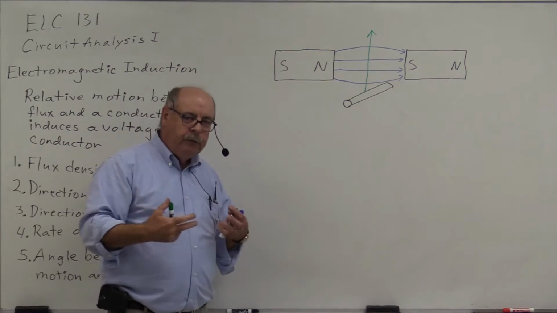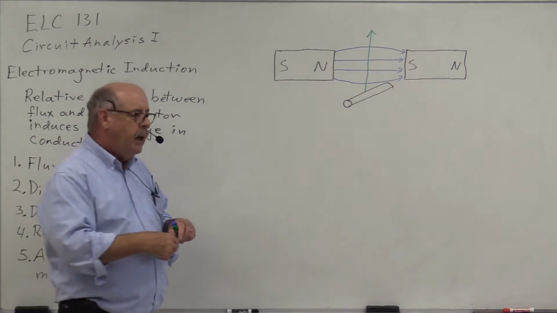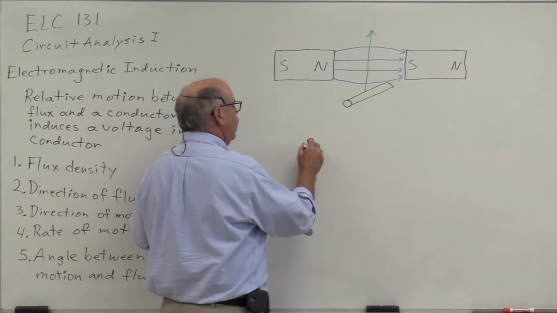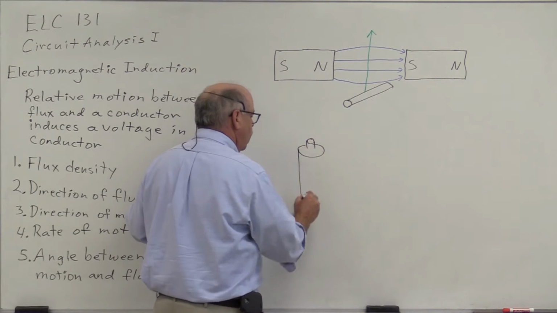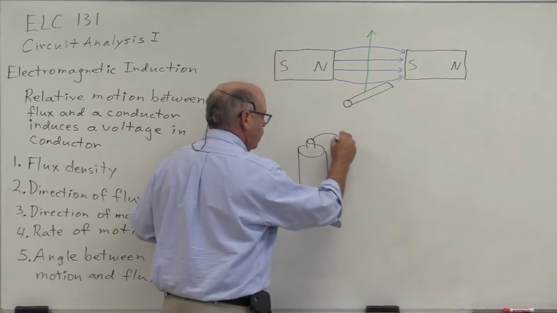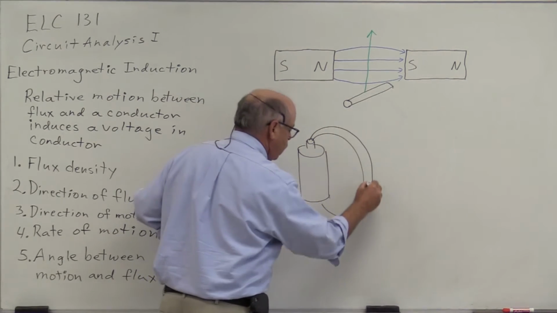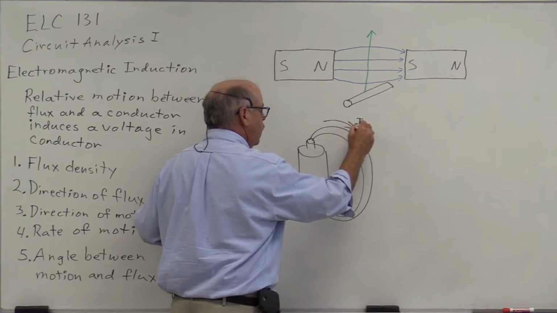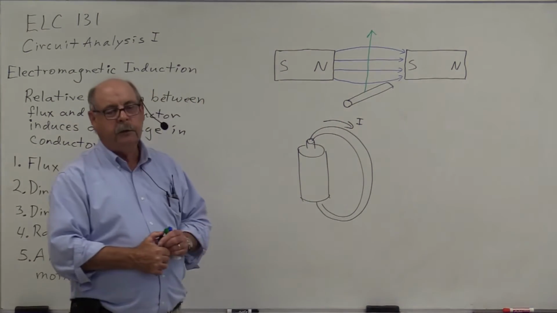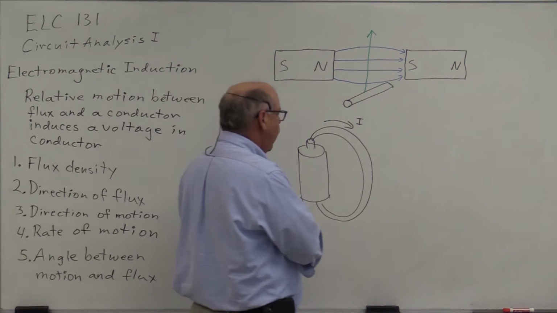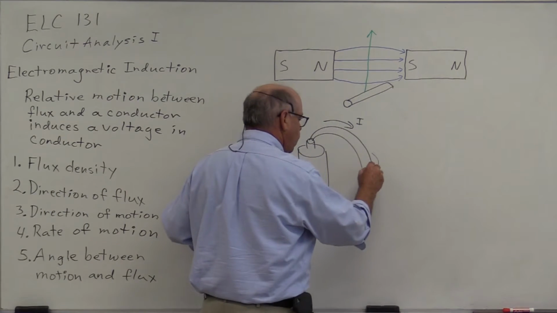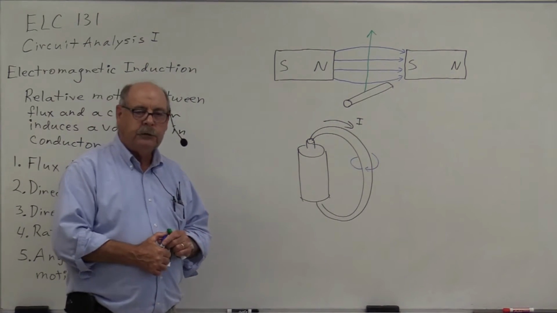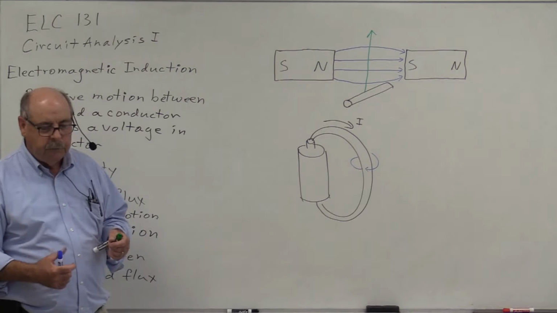Now, let's review for just a moment. In the last video, we talked about how if I have current flowing through a conductor, around that conductor will be a magnetic field. And the direction of that magnetic field, of course, is determined by the direction of current.